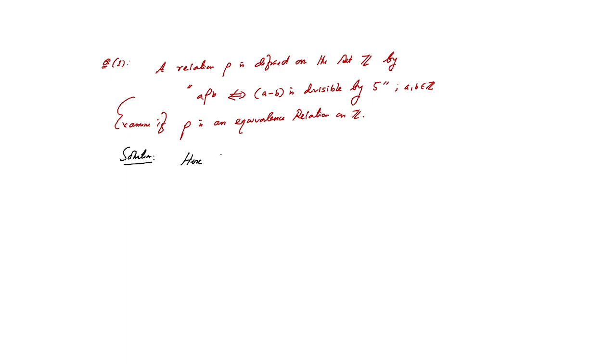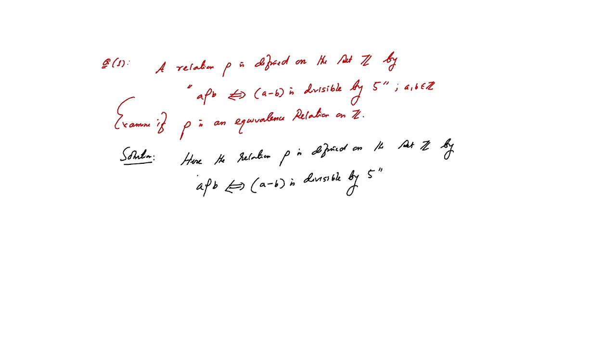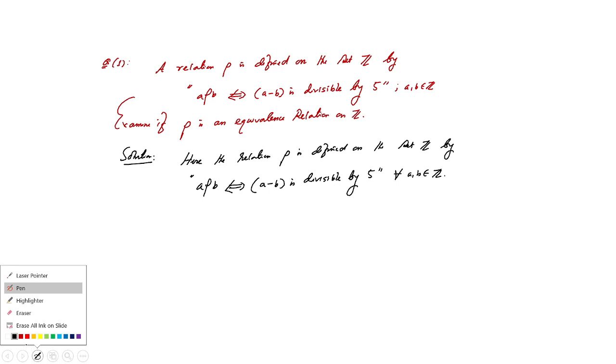So first you will write the relation rho is defined on the set Z by A related to B if and only if A minus B is divisible by 5, where A, B belongs to Z. Now we come to them one by one.